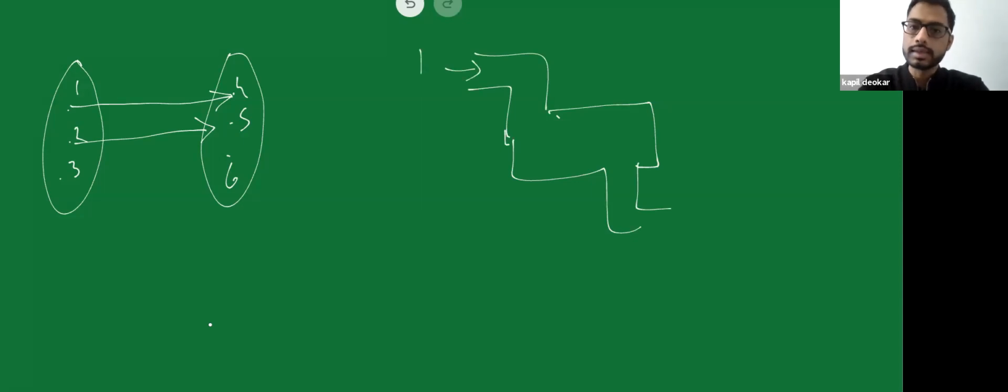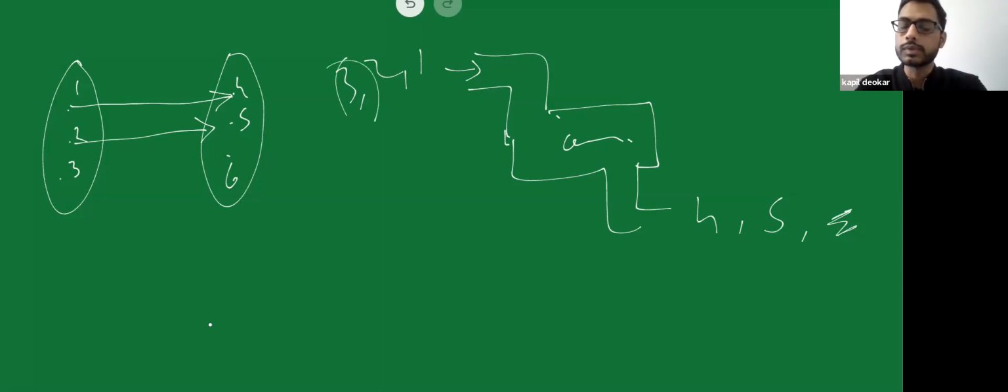If I'm putting in 1, I'm getting 4 as output. If I'm putting in 2, I'm getting 5 as output. And if I'm putting in 3, I'm not getting any output. So will this machine accept this 3 as input? No. Because when you're putting in some value, you're not getting any output. So if there is any number present over here which is not producing any output or not getting any image, then it is not a function.